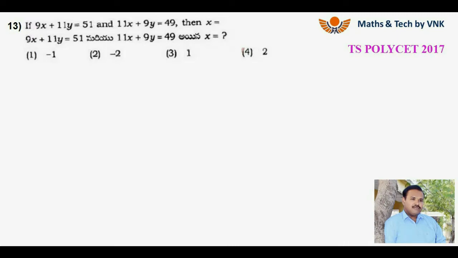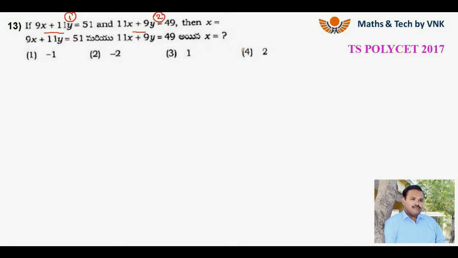Next question is, if 9x plus 11y is equal to 51 and 11x plus 9y is equal to 49, then x is equal to. Let given equation 9x plus 11y is equal to 51 as equation number 1 and 11x plus 9y is equal to 49 as equation number 2.